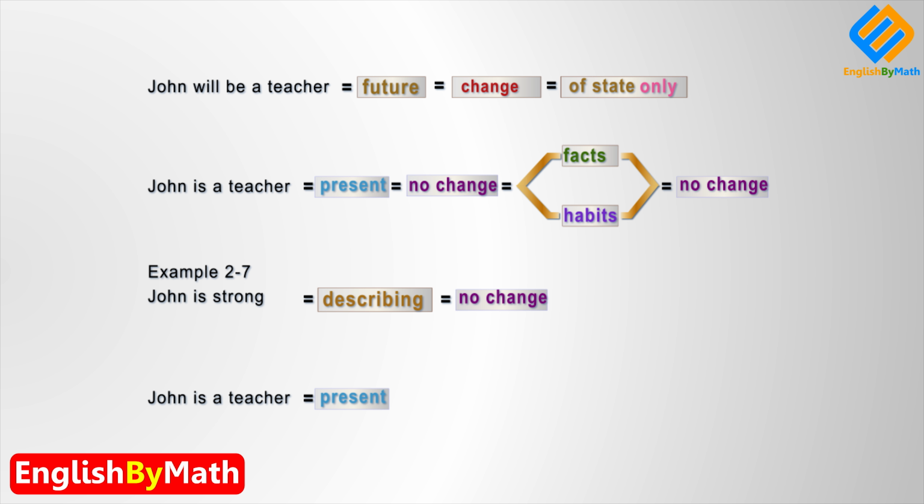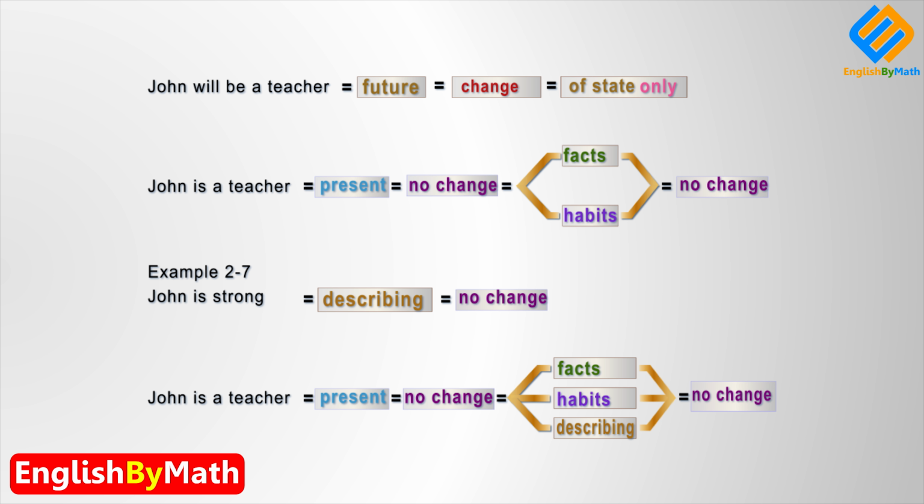Present, no change. Facts, habits, describing, no change. Instead of memorizing 3 different contexts, facts, habits, and describing, to be used in the simple present, we understand one concept, no change, which explains all 3 contexts.